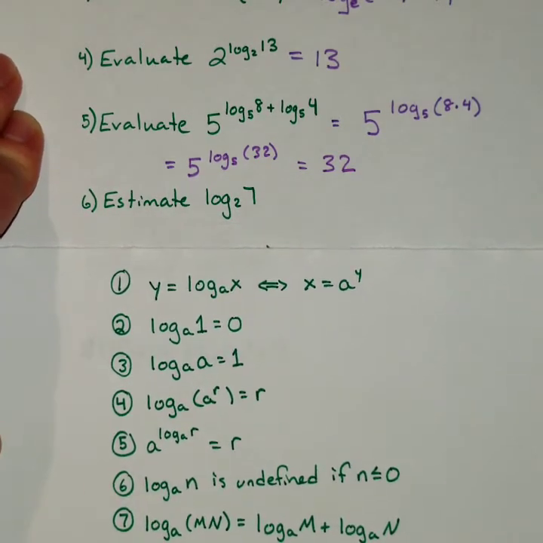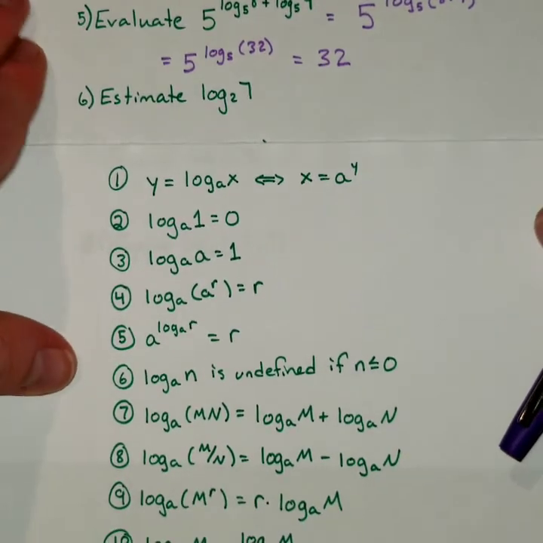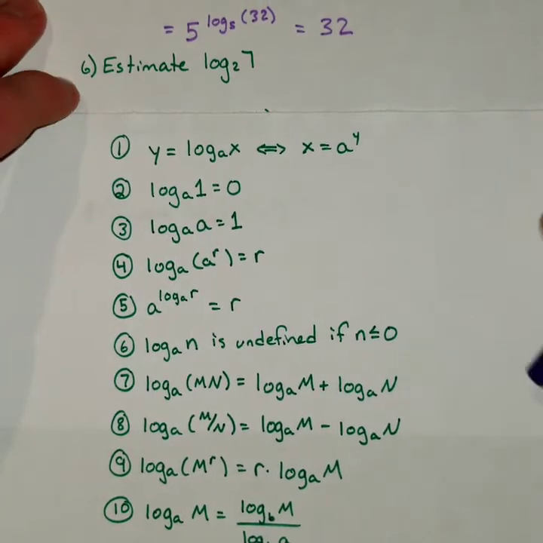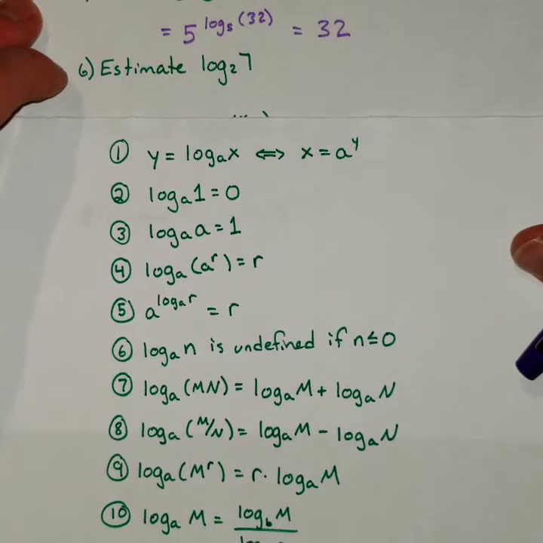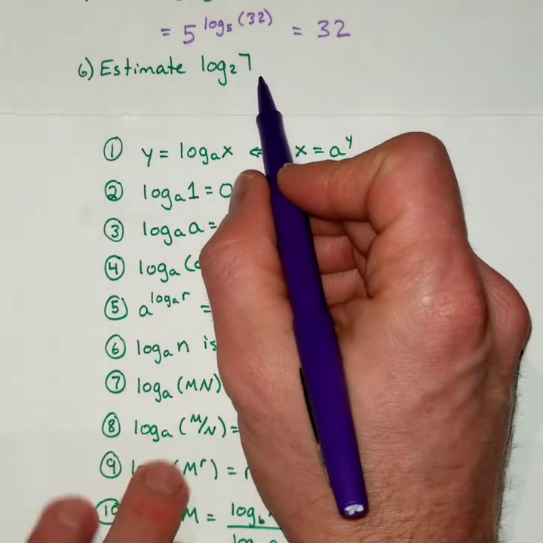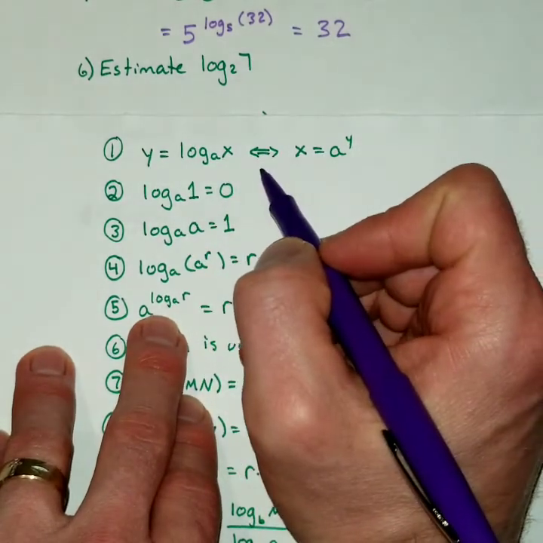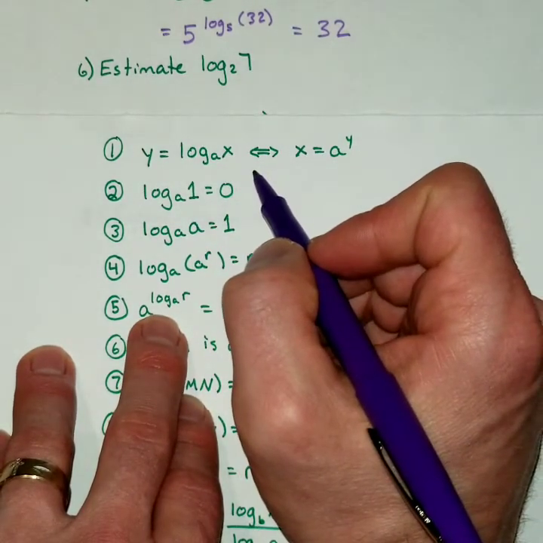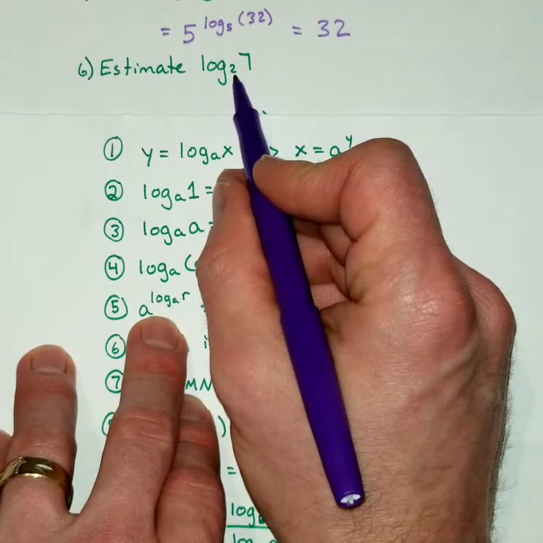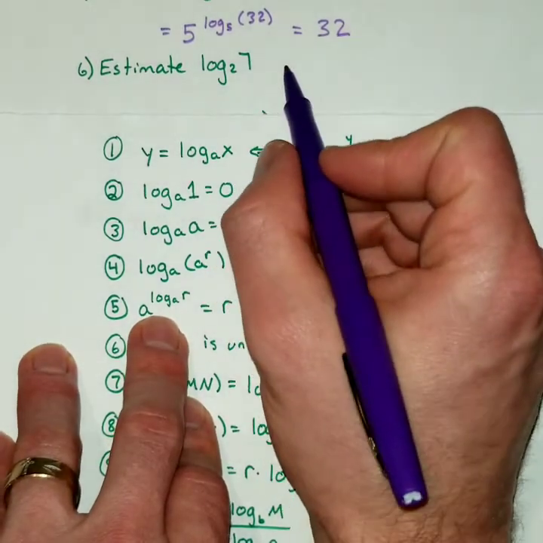Okay. I can jump down here, maybe I can estimate log base 2 of 7. Now log base 2 of 7 is not an easy value to find because there's no easy power of 2 that gives you 7. It's going to be just under 3 because 2 to the third gives me 8, and 7 is just under 8.